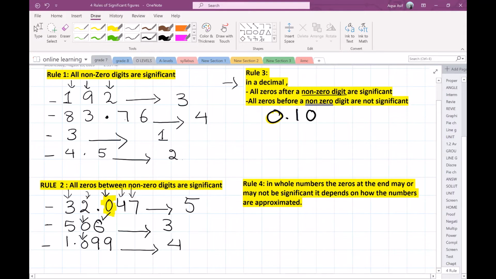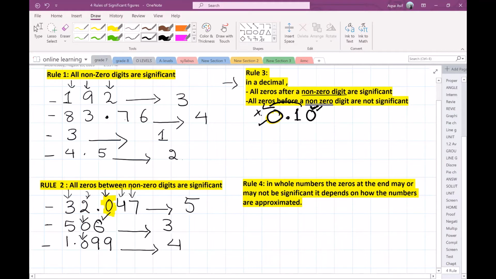According to the rule, zeros after a non-zero digit are considered to be significant figures. All right, in this question, after 1 we have a 0, so this 0 will be considered as a significant figure, but a 0 before a non-zero digit is not considered as a significant figure, so this 0 will not be considered as significant figure.